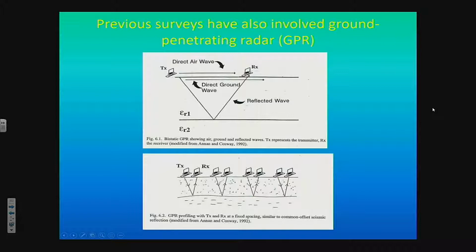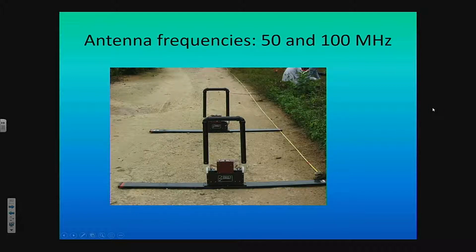And there's the instrument. We took this down one year. There's a transmitter and a receiver. These are 50 megahertz antennas. So it's sending, well, 50 megahertz is a little bit lower than the FM band, but it's still close to it.